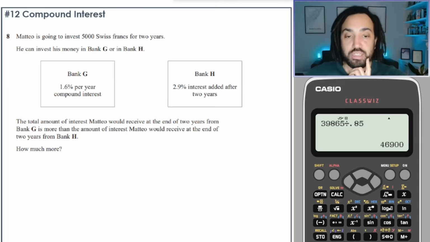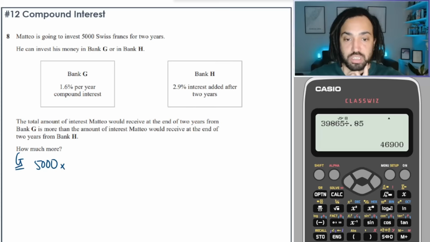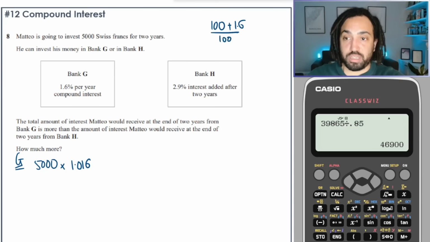Okay, so let's start off with G. It's 5,000 times 1.016. That's a 1.6% multiplier. To work out multipliers, what you can do is always start with 100, add on the percent you want, and then divide it by 100. And that will give you 1.016.